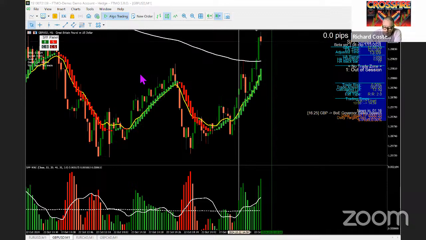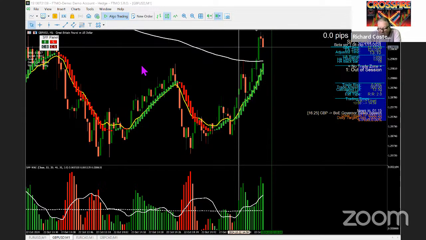preset or predetermined settings. So if I got in by pressing the buy, because I could see the price was going up, it would set my stop loss at my predetermined level. So on GBP USD, I've already determined that my stop loss is going to be 4 pips. And I've already determined that my take profit would give me a 1 to 2.